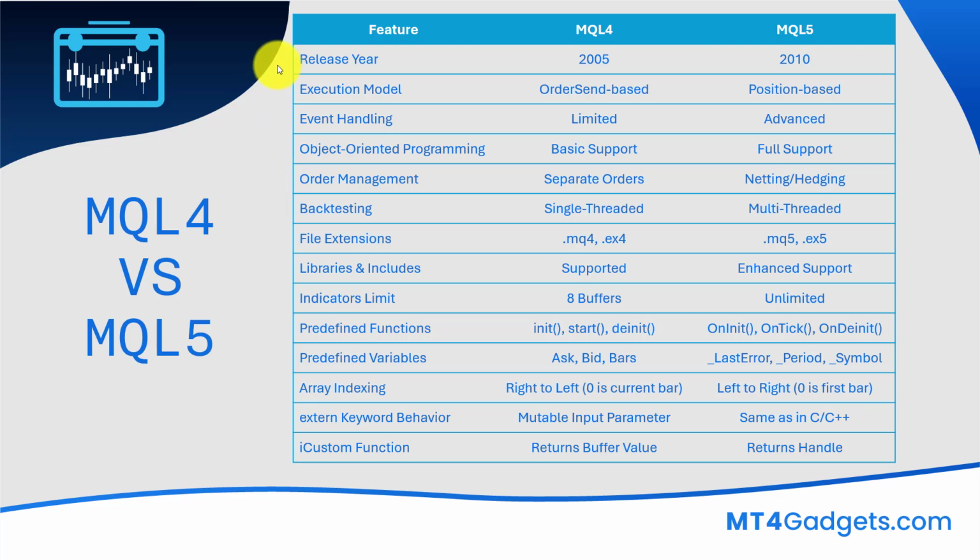So MetaTrader 4 or MQL4, and as a reminder, MQL stands for MetaQuotes Language. The MQL4 language was released together with MetaTrader 4 back in 2005, while MQL5 came out with MetaTrader 5 in 2010.